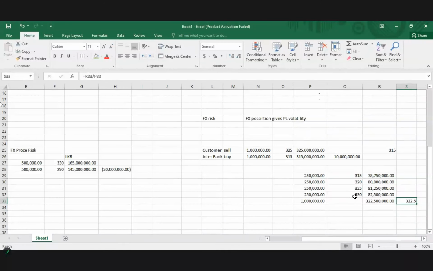So my purchase price is now 322 and 50 cents.